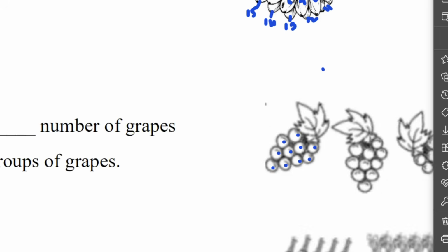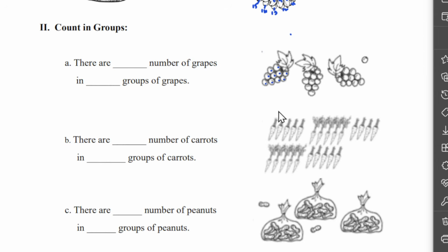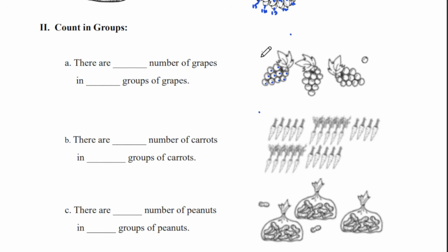So I'm going back to the same size. So we have 10 in one bunch. So totally how many bunches we have? 1, 2, 3. So there are 3 groups of grapes. And how many in one group? 10.